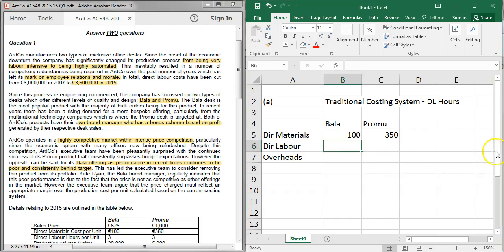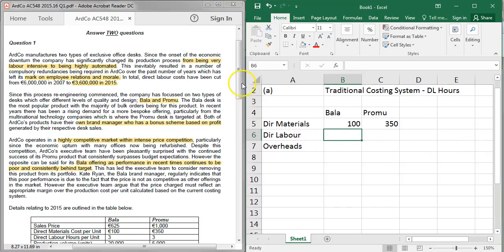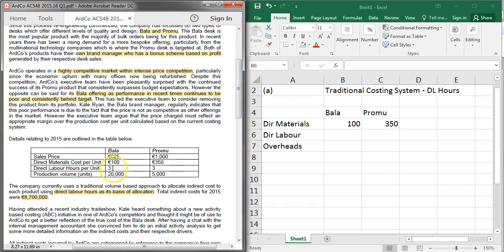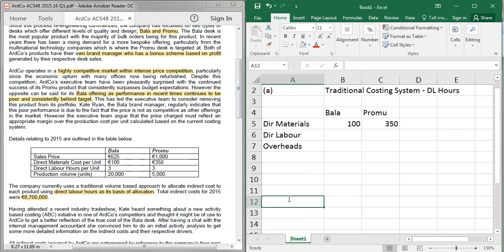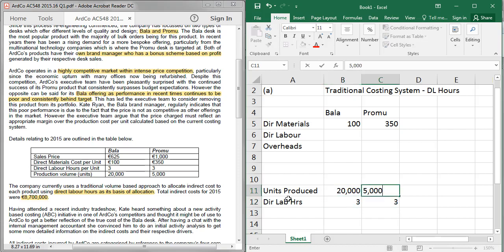So we now know how many hours are worked by each unit. So that means if we come down here, the direct labor hours for BALA are 3 hours per unit and for promo are 3 hours. And we know the units produced. The units produced for BALA are 20,000 and for promo are 5,000. So that means we know the total labor hours.